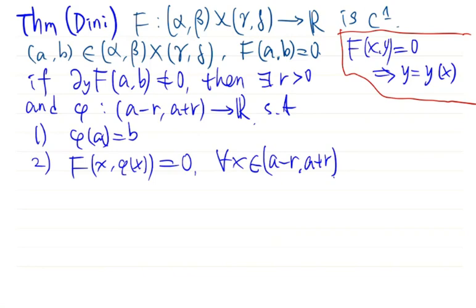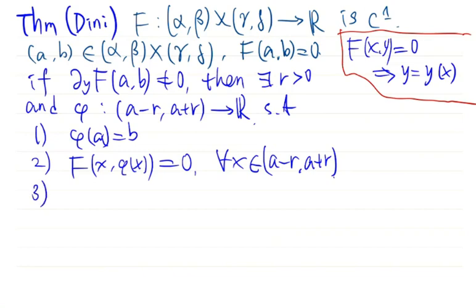These two conditions are natural because our purpose is to solve F(x, y) equal to 0 for y, to express y by x. Now y is a function of x, we denote it by phi(x).